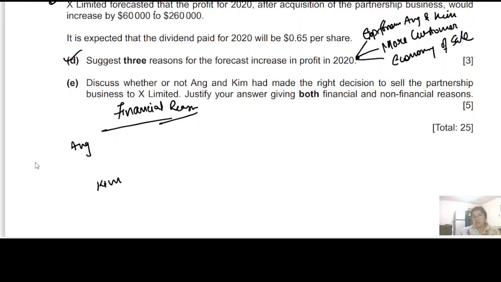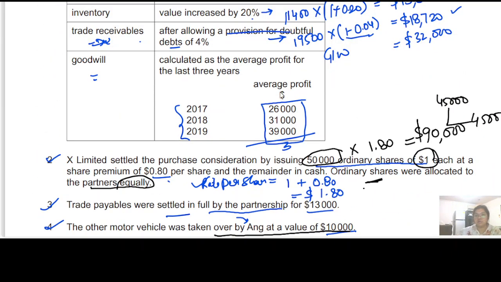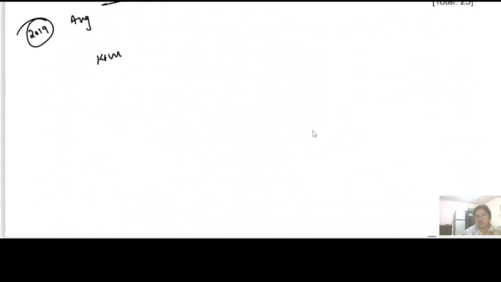So in 2009 they earned a profit. Average profit for them is 39,000, and you know the ratio also, that is 3:2.